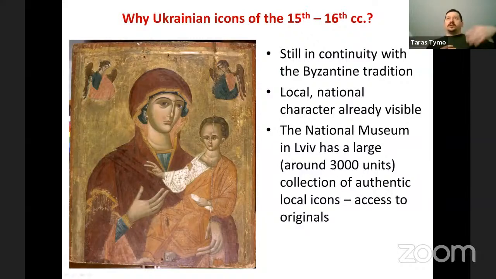It's not to say that we are just focused on Ukrainian, but naturally Ukrainian is important, especially given the fact that in the same city of Lviv, we have this great national museum that has a large collection of authentic old icons, something over 3,000 pieces, and they're accessible in the open exhibit for viewing, but also they are accessible for closer study upon request.